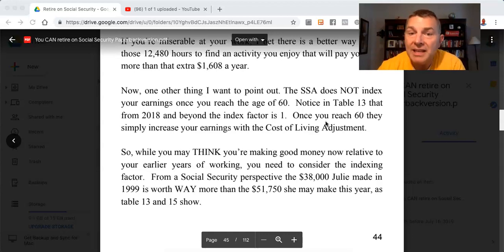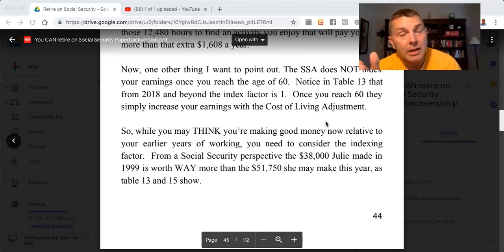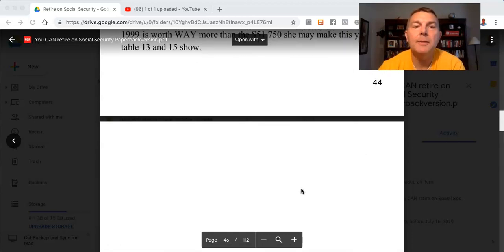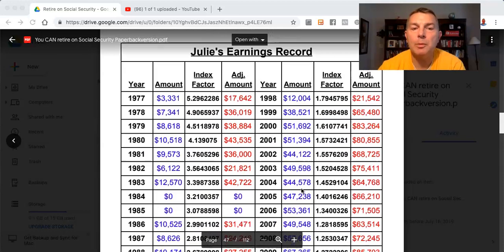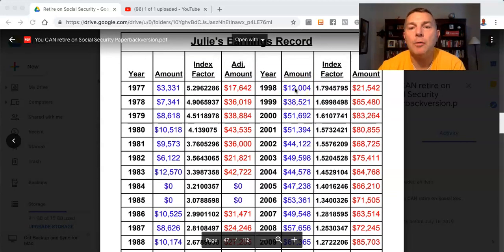So while you might think you're making good money now relative to your earlier years of working, you need to consider the index factor. From a Social Security perspective, the $38,000 Julie made in 1999 is worth way more than the $51,000 she may make this year, as Table 13 and 15 show. So it's going on Table 15. 1999, she made $38,000, right?